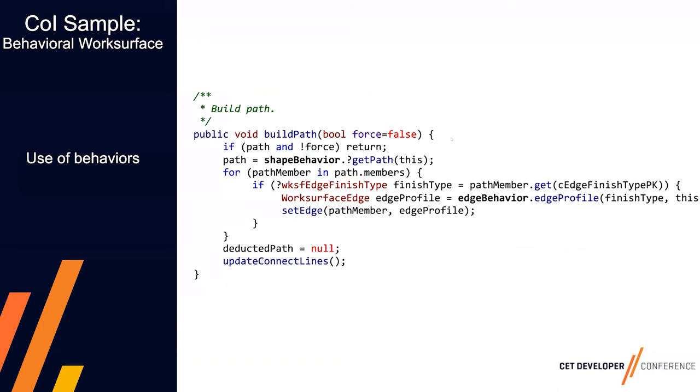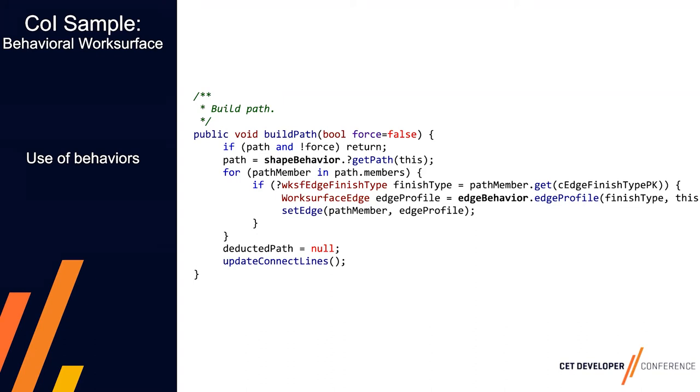So when do we actually get around to using these behaviors? Well, wherever you would generally do the implementation at a base class or at the actual concrete or leaf class is where you would end up calling these behaviors. In work surface development, the shape is built up based on a path of lines or curves that demonstrate the shape of the surface itself.